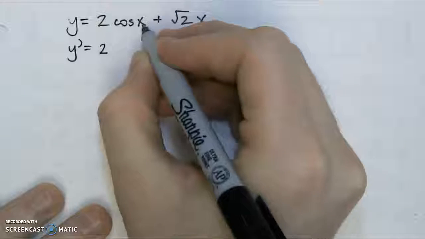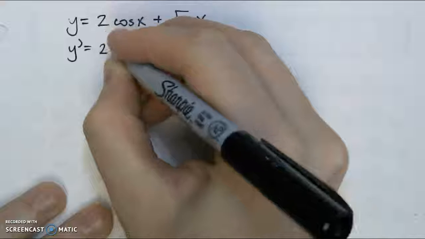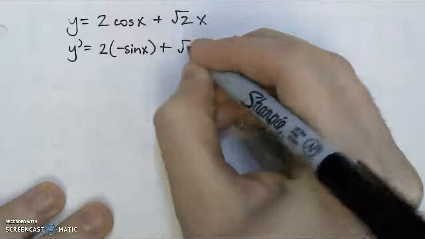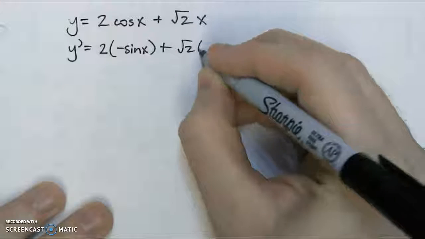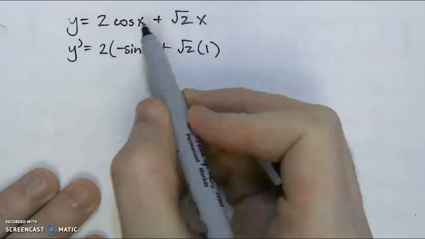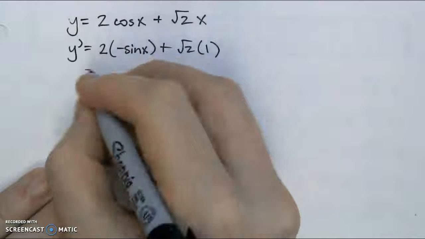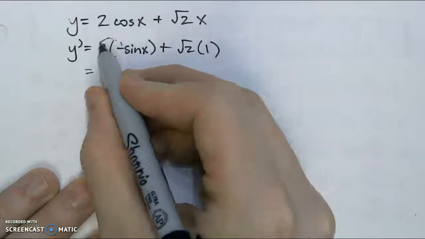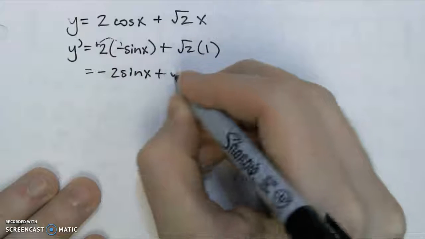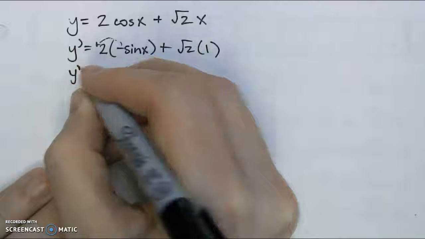Then you do the derivative of cosine x, which is negative sine, plus radical 2 stays. The derivative of x is 1. So when you have a constant or a leading coefficient, just leave it in front. That negative can move in front, so negative 2 sine x, and then plus radical 2 is your derivative.